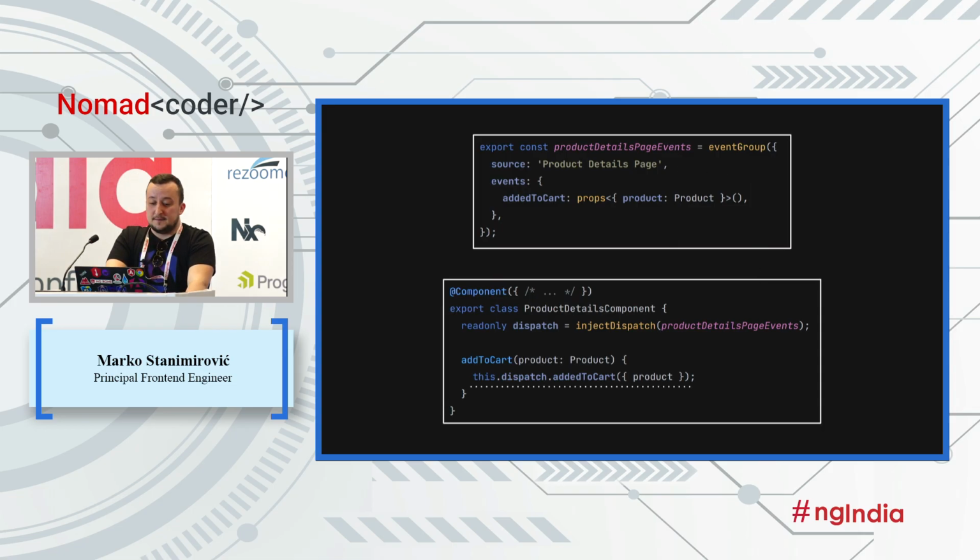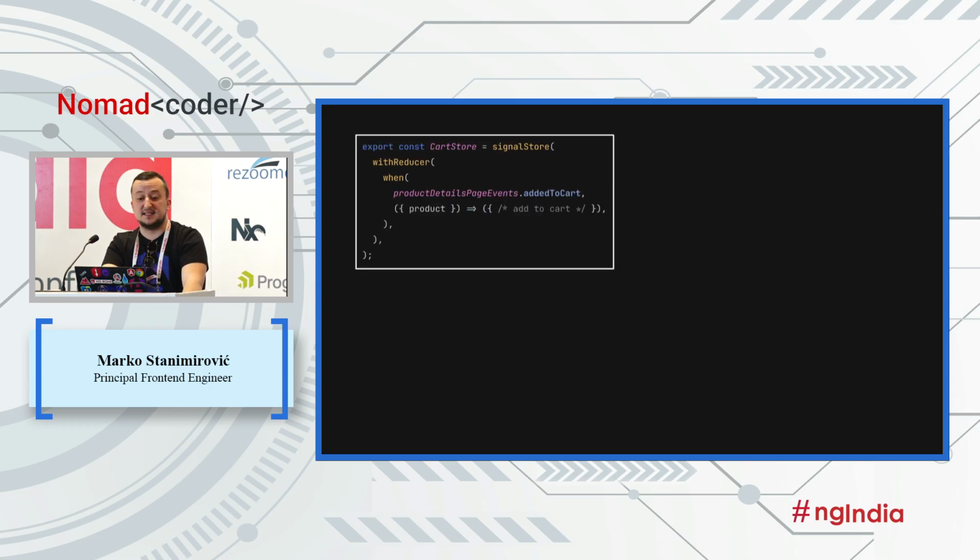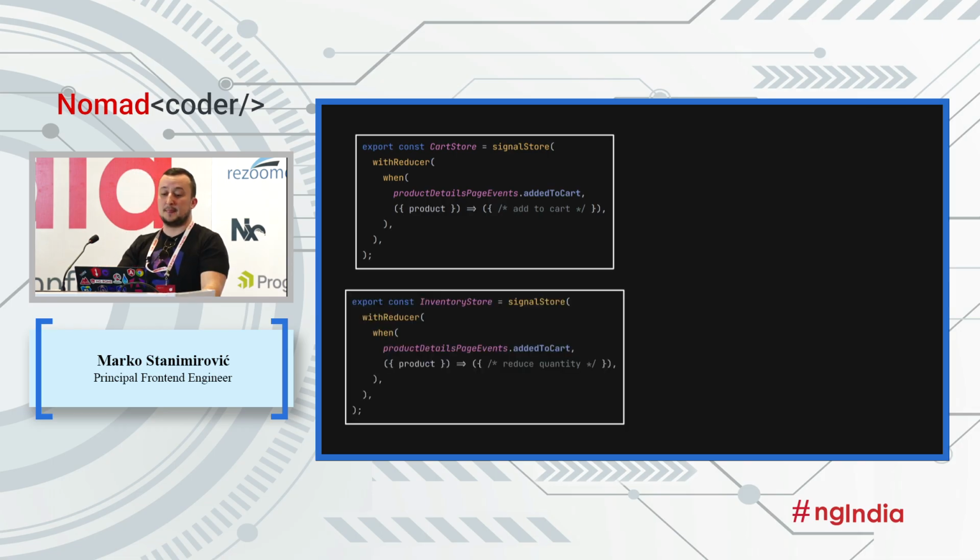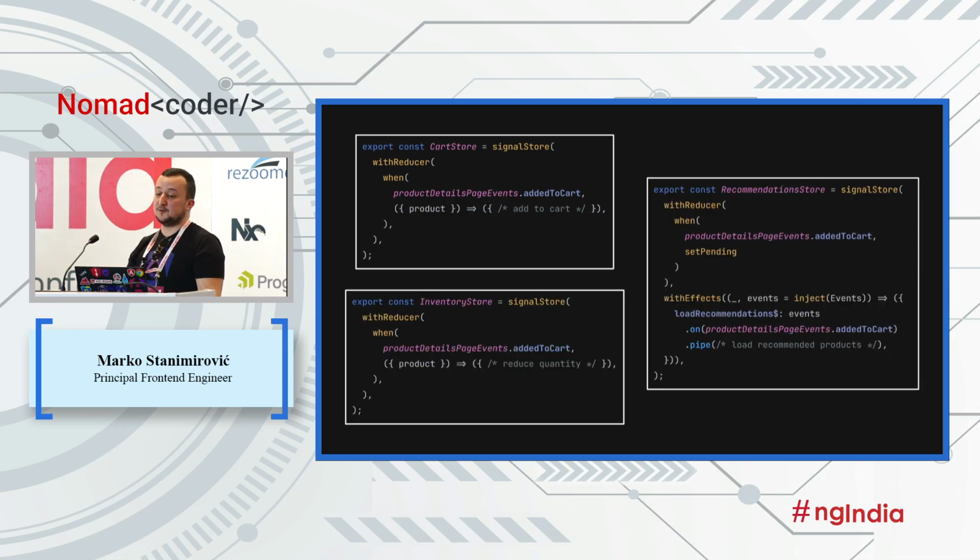All right, so when the add to cart button click happens, we will call our self-dispatchable action that will under the hood dispatch this event. Then in a signal store, we can use a feature called withReducer, and inside of withReducer we can define case reducers. We can do the same in the inventory store as well as the recommendation store.